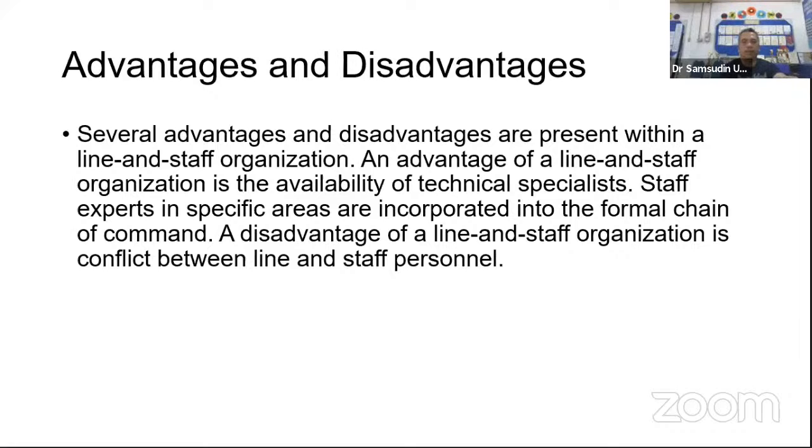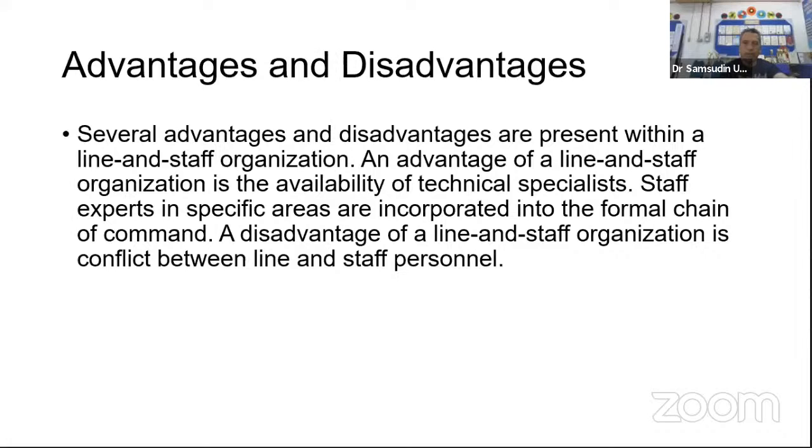So when we have the expertise, other workers can make use of this expert. This expert person can become a reference in this structure. Staff experts in specific areas are included in the chain of command.